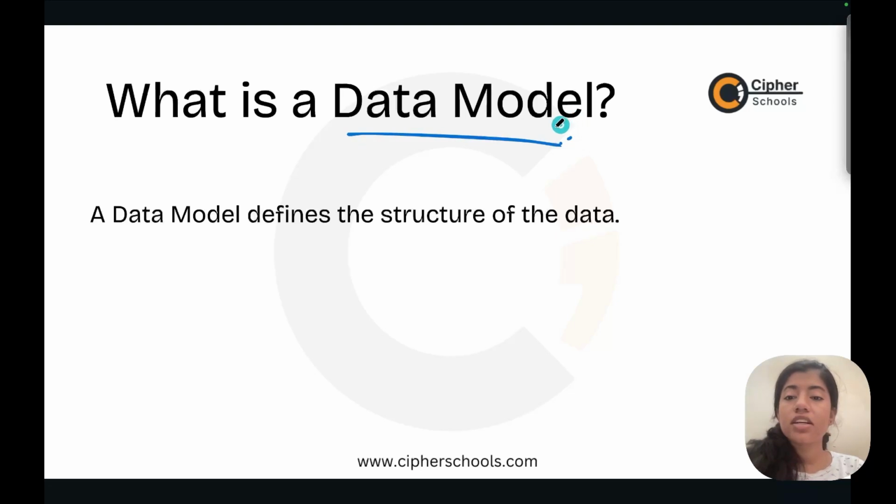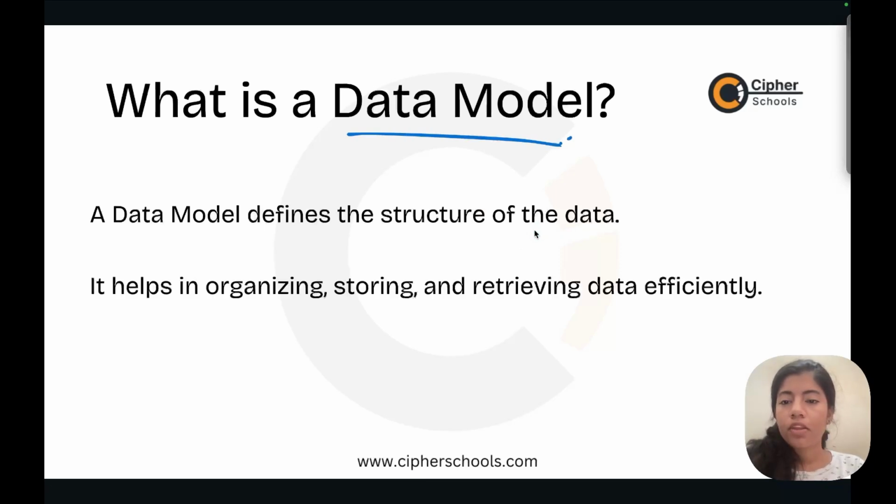A data model provides a structure for data. It will tell how to store data, in which fashion we have to store data. So it helps in organizing, storing, and retrieving data efficiently. The very important question which may come to your mind is, okay, a data model helps, that's fine, but how do we decide?